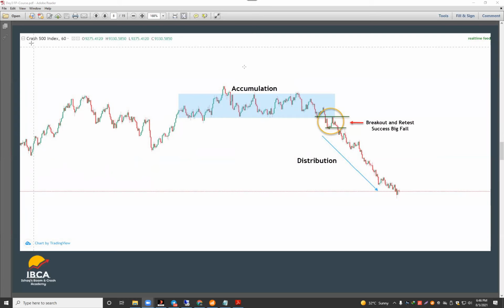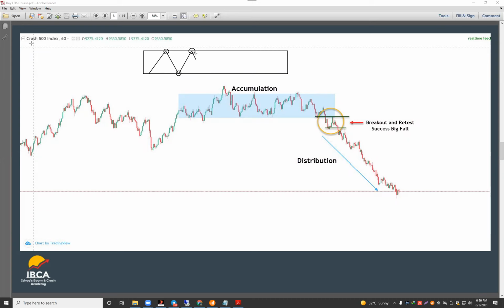How many touches did you find? This is your area, right? When will it be confirmed that it is an accumulation or range area? How many reversals are there? Three reversals. That is when you will understand the range or the accumulation has started.